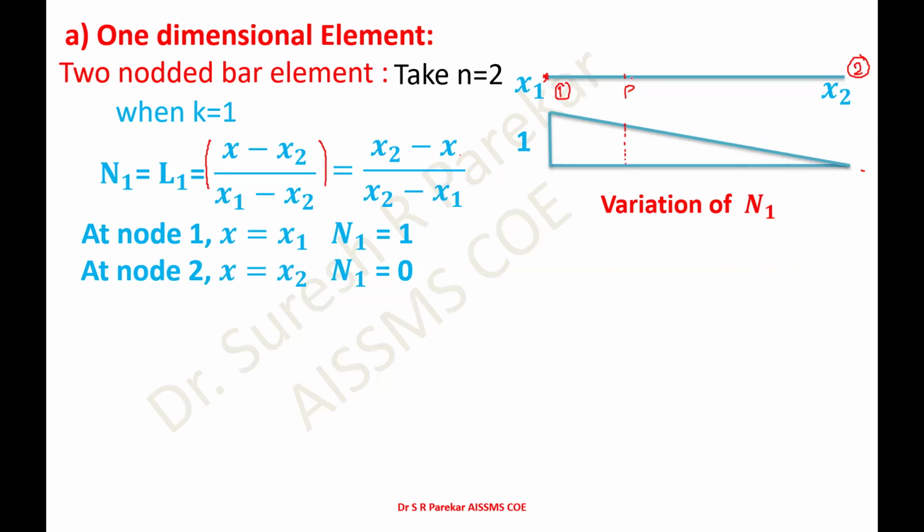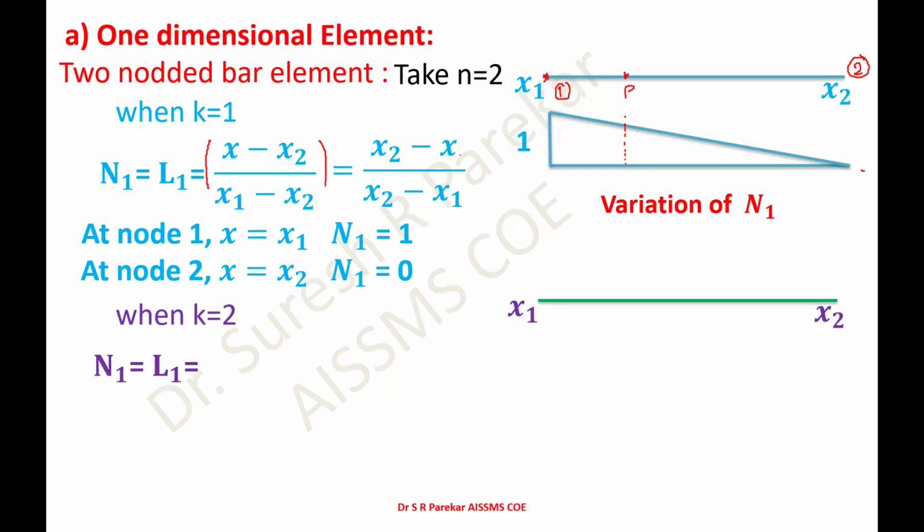So if you have to find the displacement at this point, then knowing the displacement at 1 and the displacement at 2, we can find the displacement at P, because the displacement at P is a function of the displacement at 1 and at 2, and that function is the shape function we are using. So shape function into displacement at 1 plus shape function into displacement at 2 will give us the displacement at P.